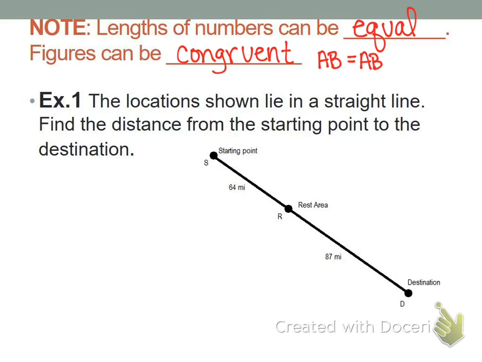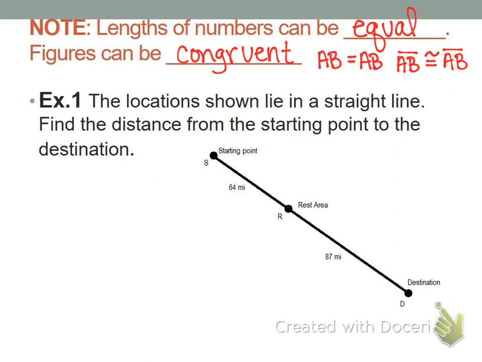Now I know that doesn't mean a whole lot. Something's equal to itself. We'll talk about that later. But when we put the bar over it, we are now talking about it as an object, a figure, a picture. So when we put the bar over it and we're talking about it as a picture, that's when we use the congruent symbol instead of an equal sign. Numbers are equal, figures are congruent. We'll reiterate that idea over and over and over again.